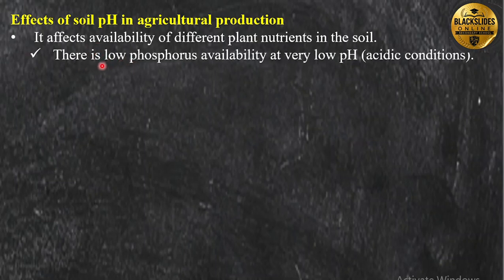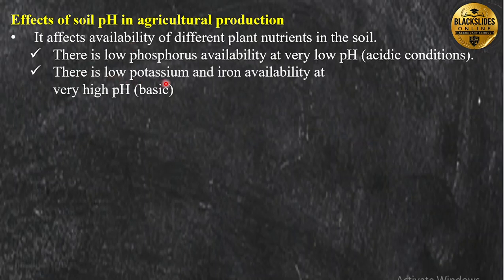For example, there is low phosphorus available at very low pH. In other words, under acidic conditions, there is less phosphorus. So that means crops that need high phosphorus may not do well in acidic conditions. That's one effect.